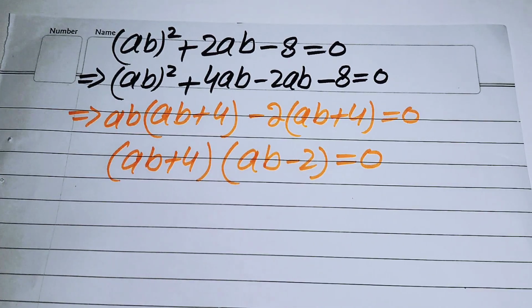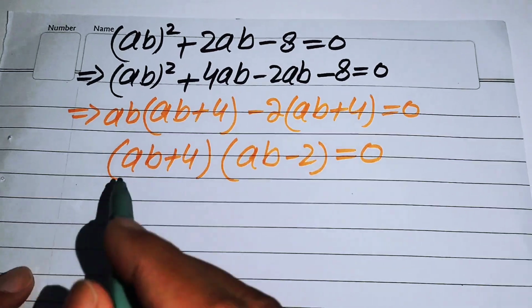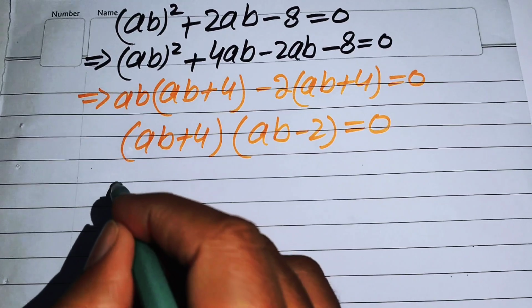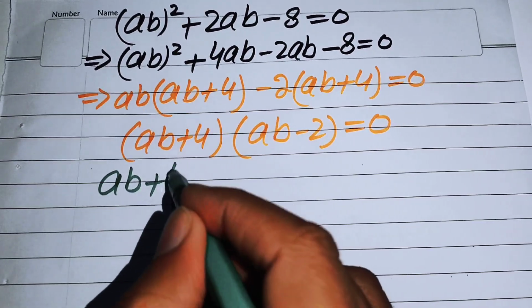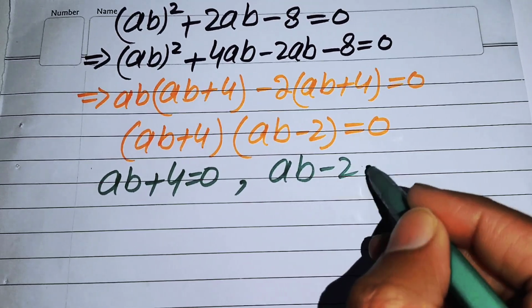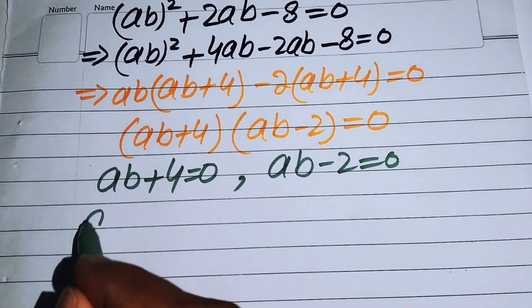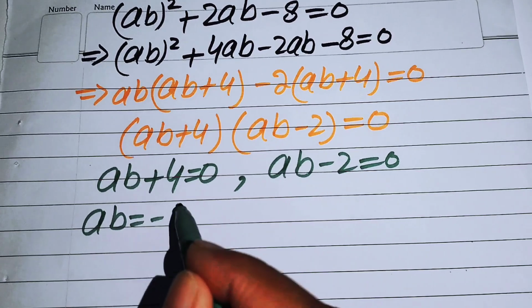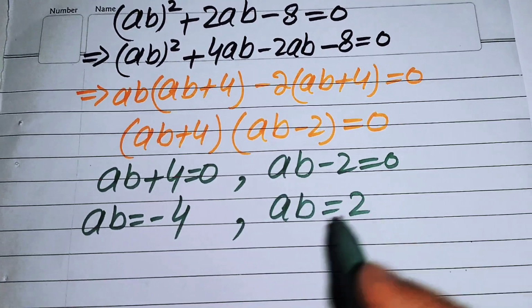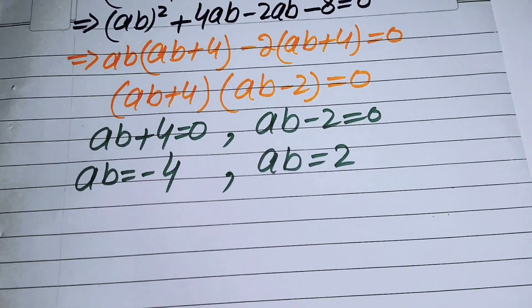The first case is we will write ab plus 4 equals to 0. This is our first case, and our second case is ab minus 2 equals to 0. So in the first case you will get the value of ab equals to minus 4, and in the second case you get the value of ab equals to 2.